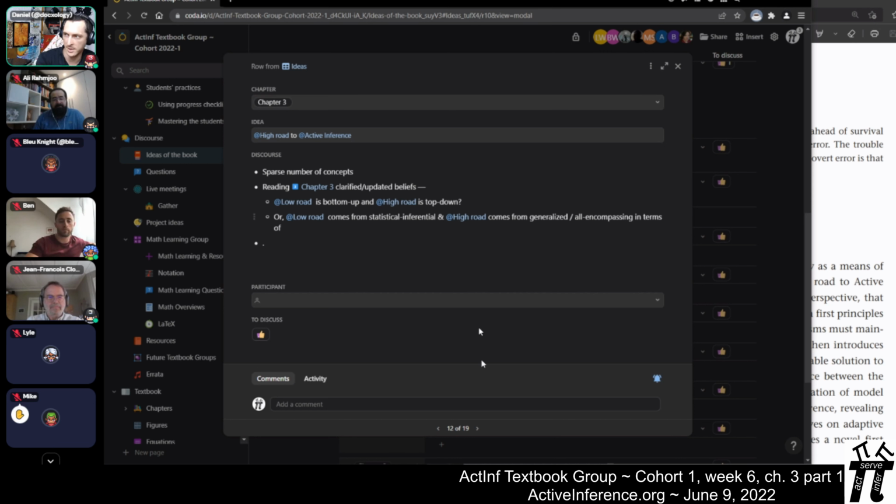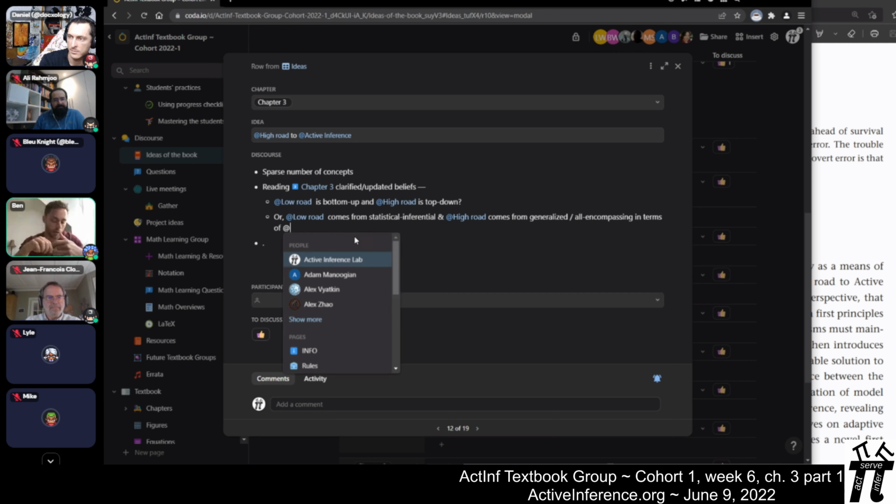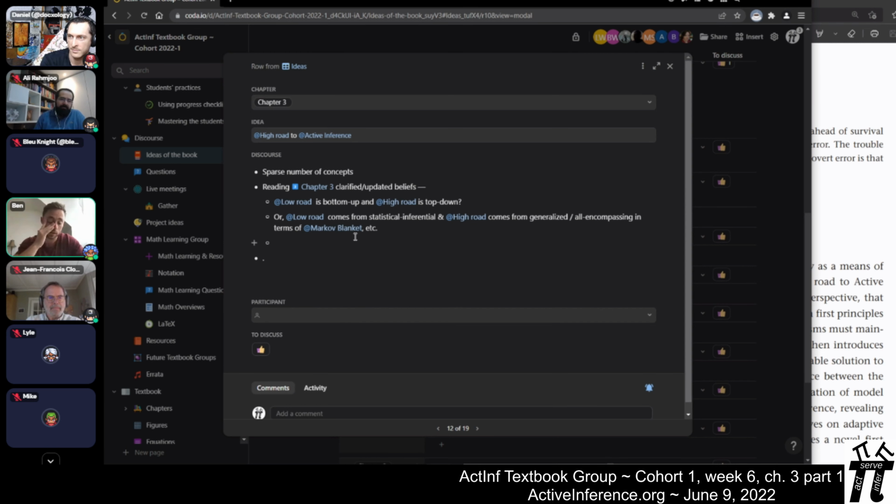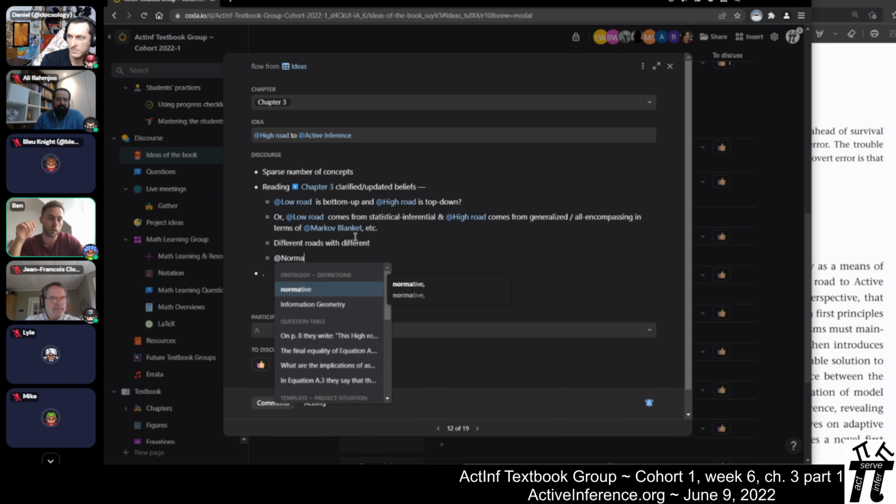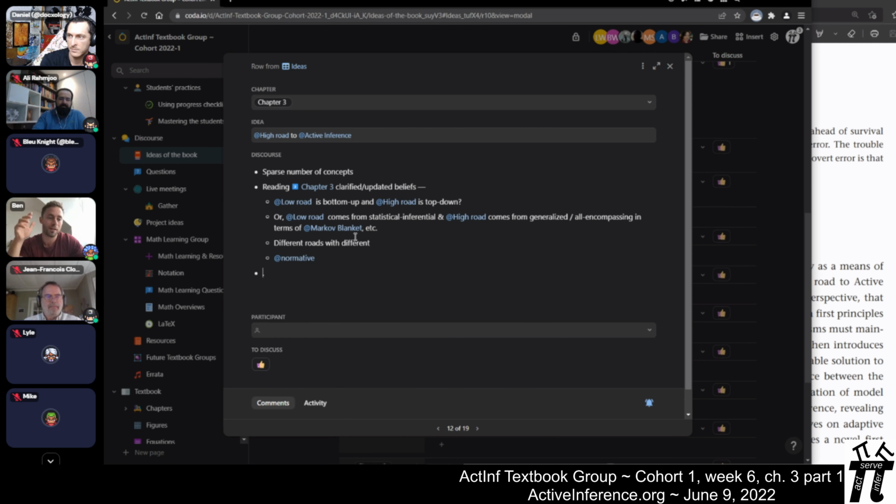And also, you can take notes on these ideas of the book, like the high road generally. Ben, and then Mike. I think for me as well, chapter 3 and the high road has been an easier road in. The thing that I noticed is that they say in the introduction that active inference is a normative theory. I feel like there's much more normativity in the high road.